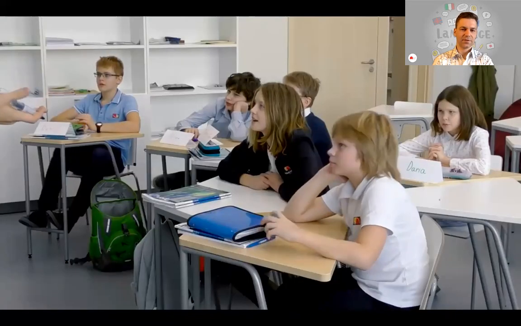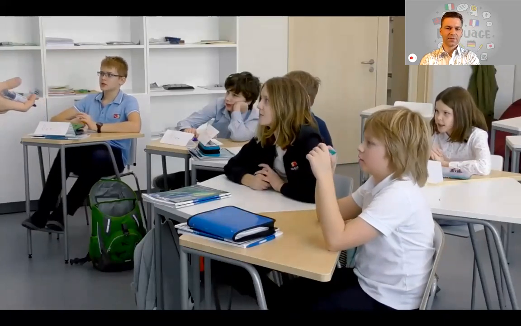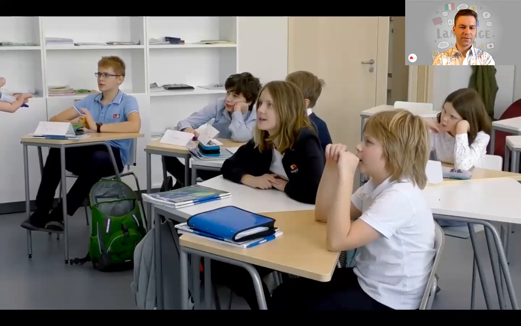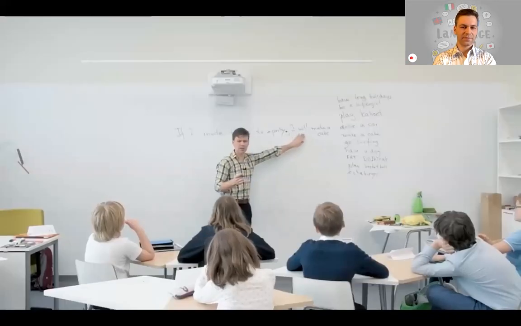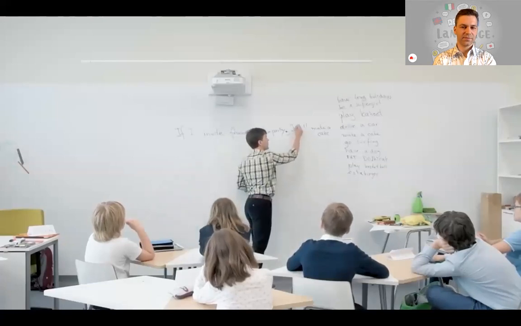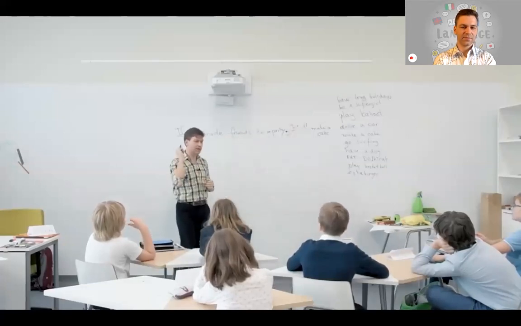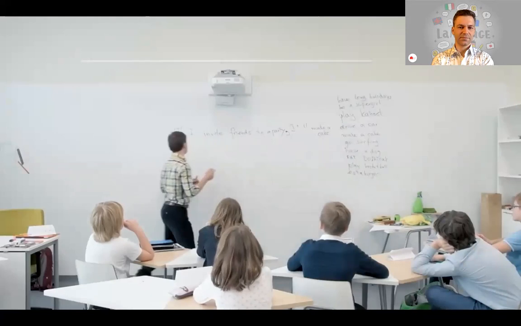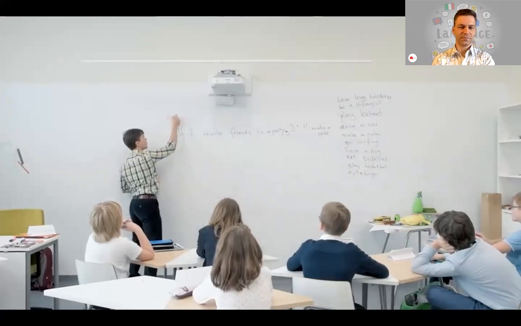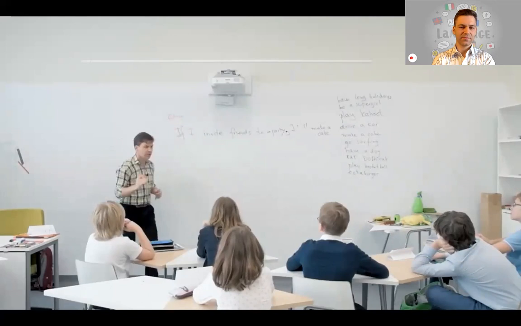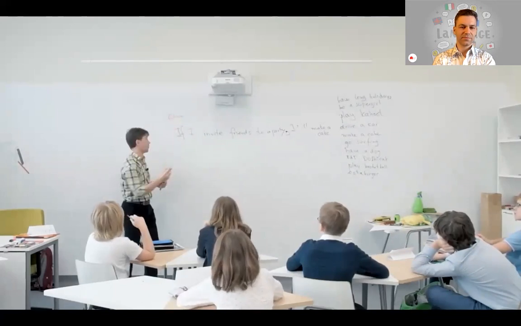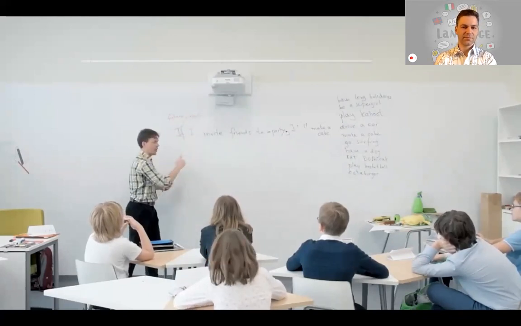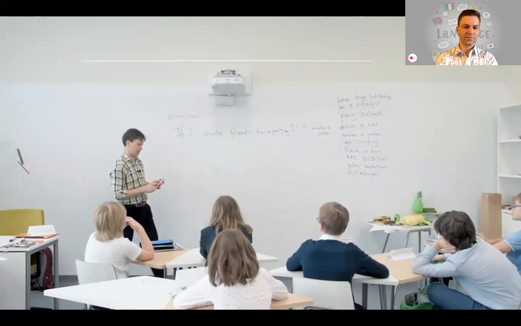If I invite friends to a party, I'll make a cake. If I invite friends to a party, I'll make a cake. Okay. This is, yes, I'll make a cake. Okay. Now, this is about past, present, or future. Yes, it is future. So it's about future. Is it realistic or unrealistic? It's very realistic. Yes, it's Saturday. Okay, so it's real. Okay, how many parts do we have in this sentence? How many parts? Yes, there are 2 parts. What are they?